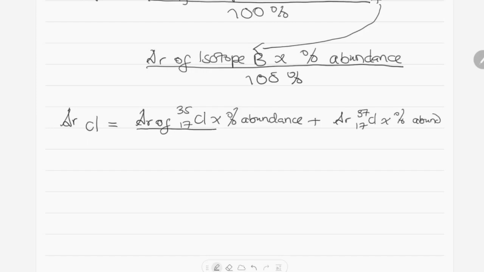You divide the first one by 100%. You also divide the second one by 100%.